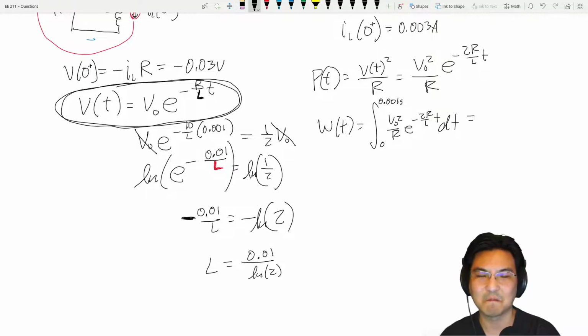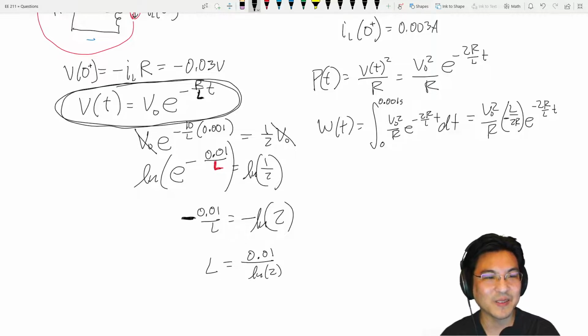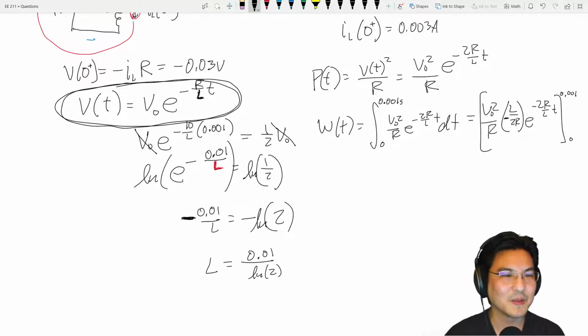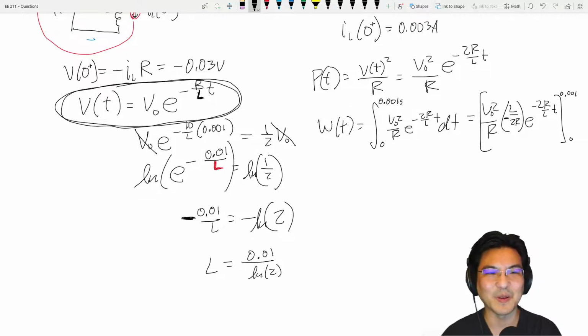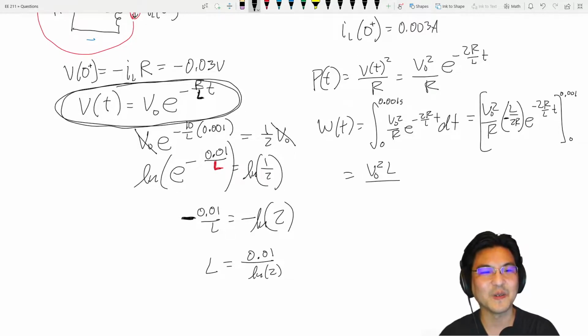Straightforward, I think. E to the minus 2R over L t, and then the reciprocal, L over 2R. Let's not forget the minus sign, from 0 to 0.001.